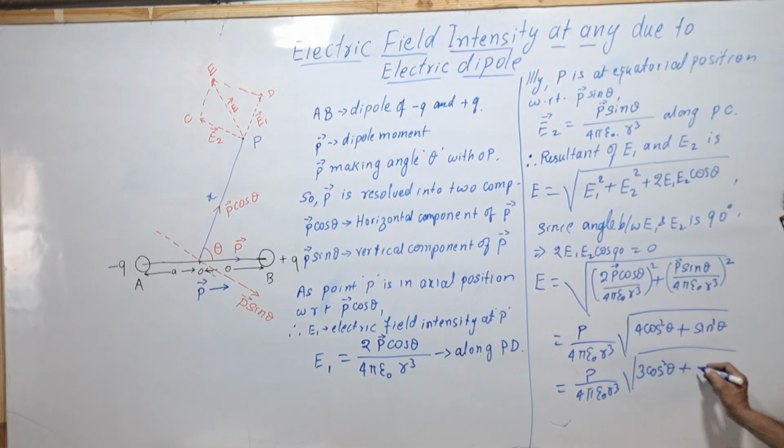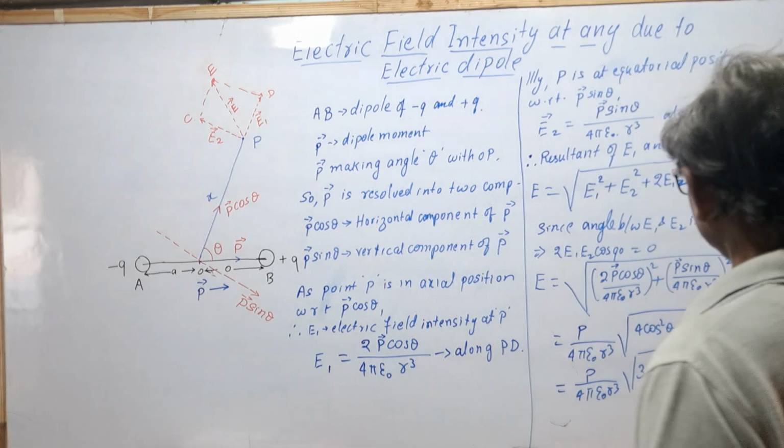Taking one cos square theta to this side, cos square theta plus sin square theta becomes 1, according to the trigonometrical identity.